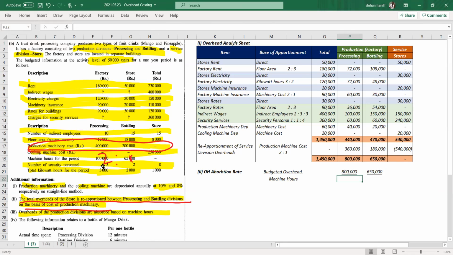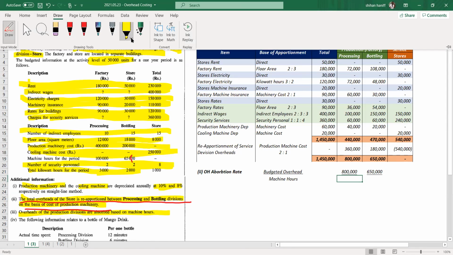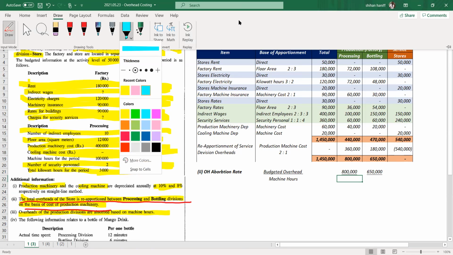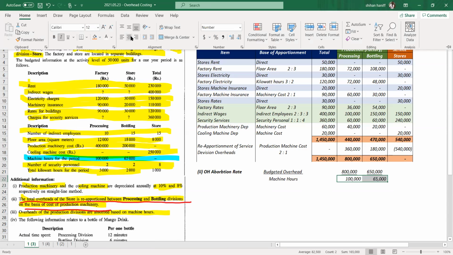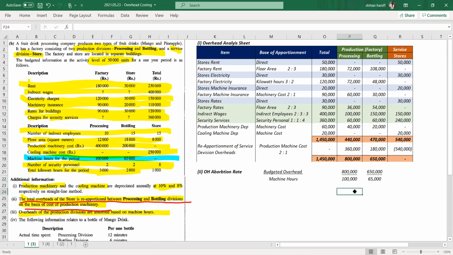So they have given the machine hours. Now only we take the machine hours. Machine hours for the period: 100,000 and 65,000. So the answer is the overhead absorption rate.